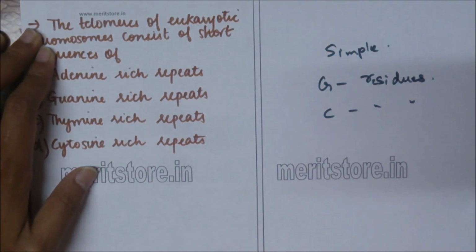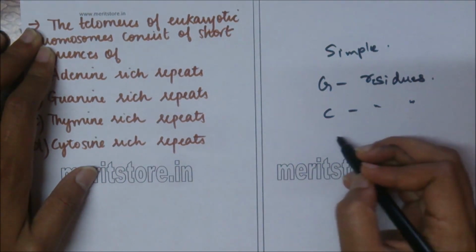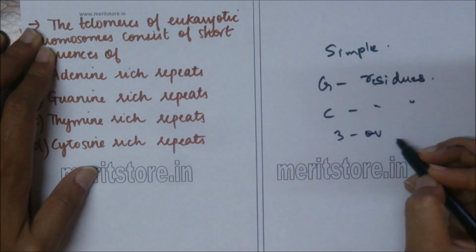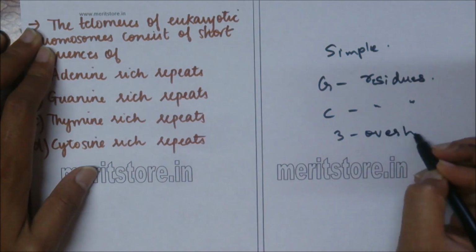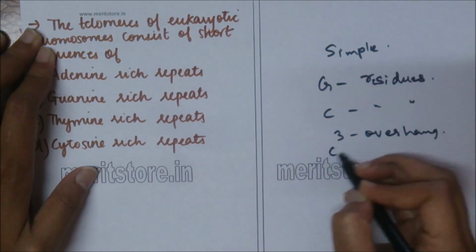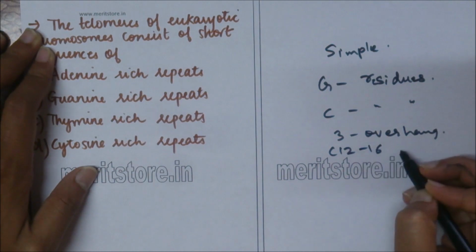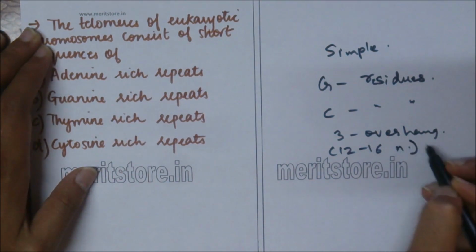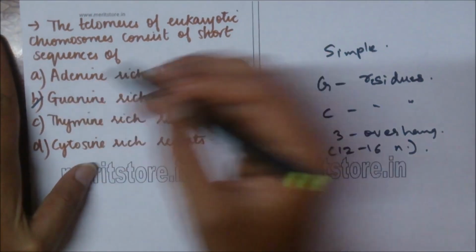Another feature is 3' overhang of the G-rich strand. These overhangs are 12 to 16 nucleotides in length. So option B is the correct answer.